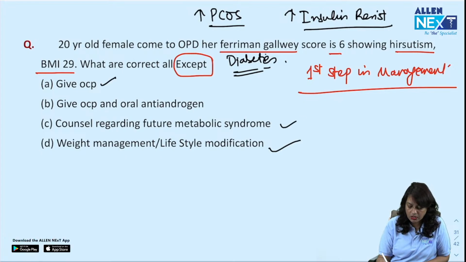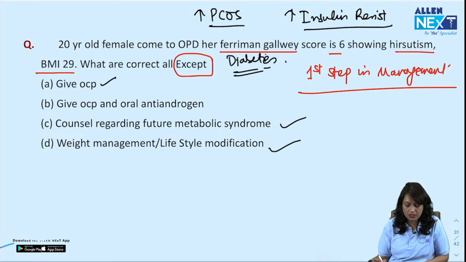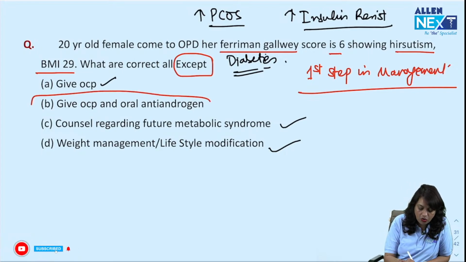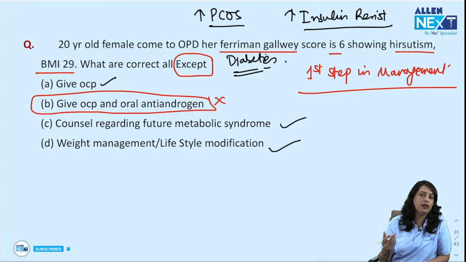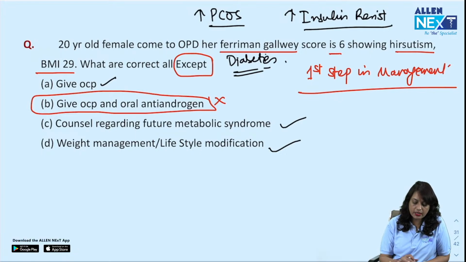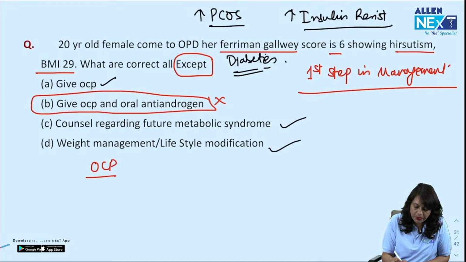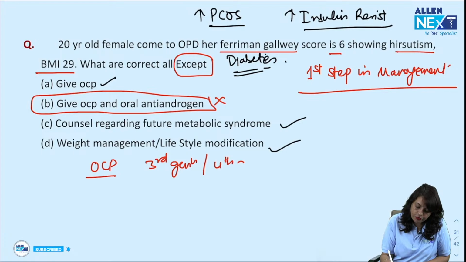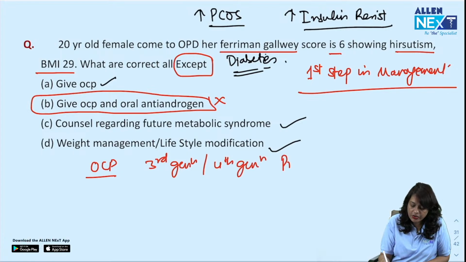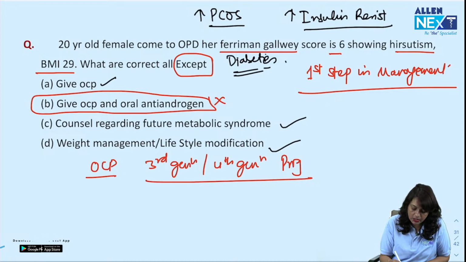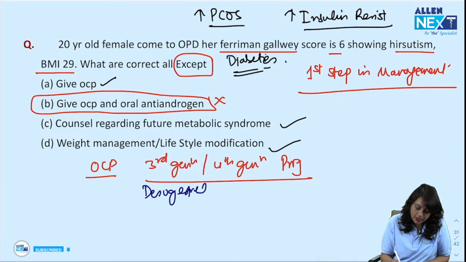weight reduction, and counselling regarding future metabolic syndrome are the correct answers, and the wrong answer is OCP plus anti-androgen. Why should this option be ruled out? The reason is the OCPs which contain third generation or fourth generation progesterone. Third generation progesterone includes desogestrel or gestodene.